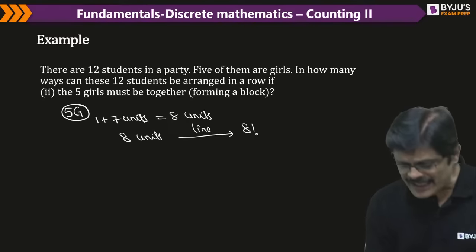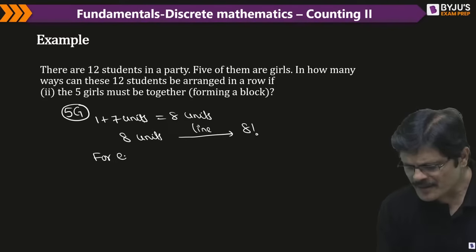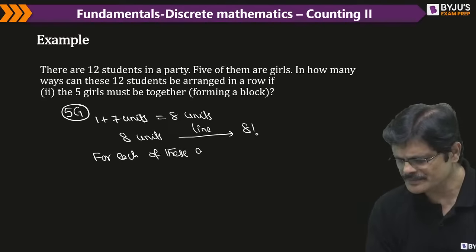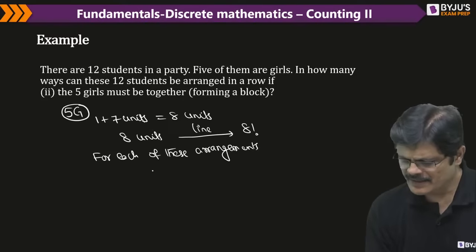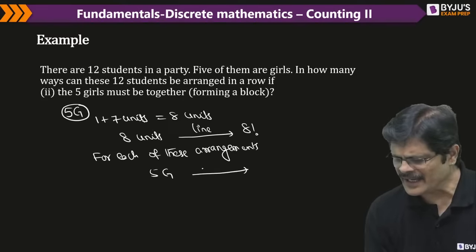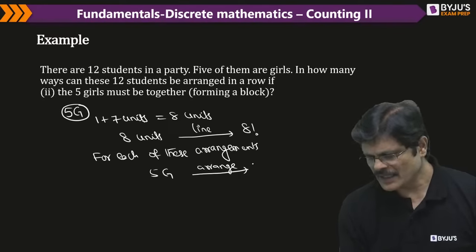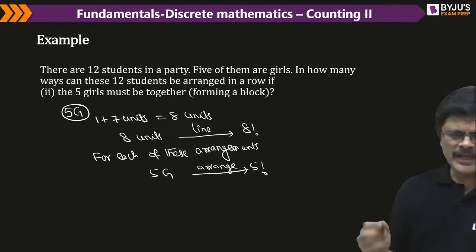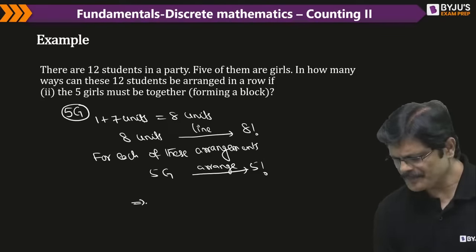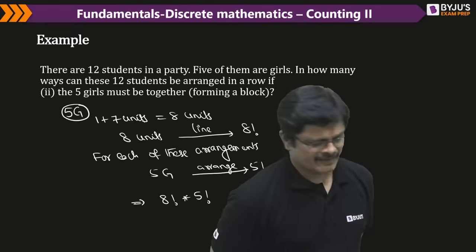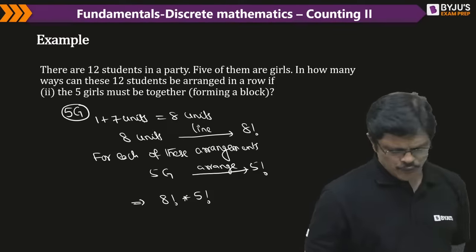So for each of these arrangements, the 5 girls can be arranged among themselves. They can arrange among themselves in 5 factorial ways. So the number of arrangements would be 8 factorial into 5 factorial. Very good, very cool, very nice.